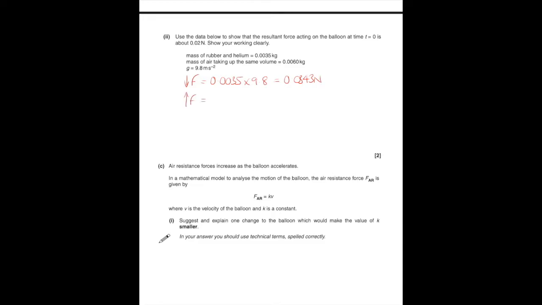And then acting against that upwards, we've got the air taking up the same volume, so the mass of that is 0.0060 times 9.8, which equals 0.0588 newtons, okay? And therefore the resultant is simply this minus this, which gives us 0.0245, which is approximately 0.02 newtons.